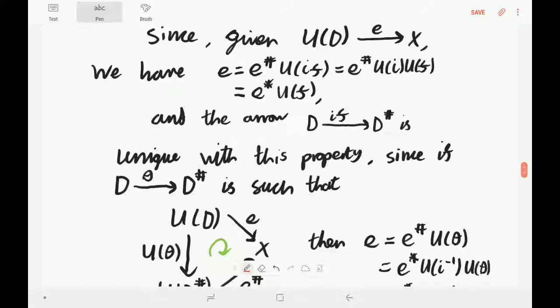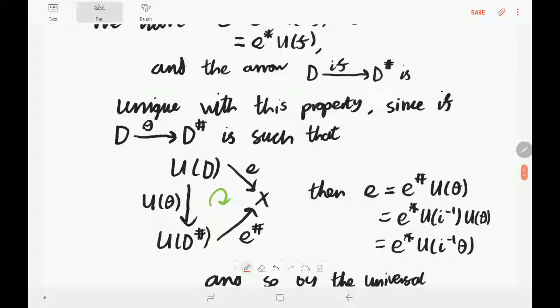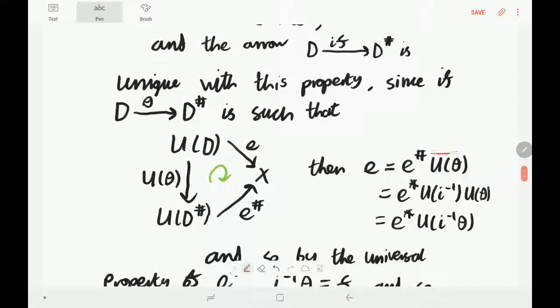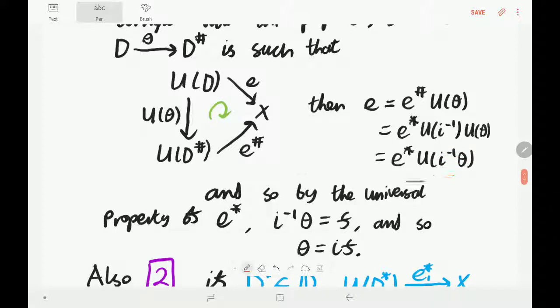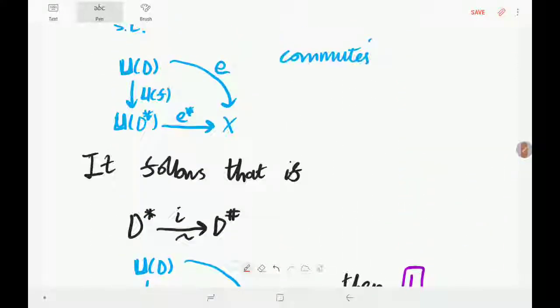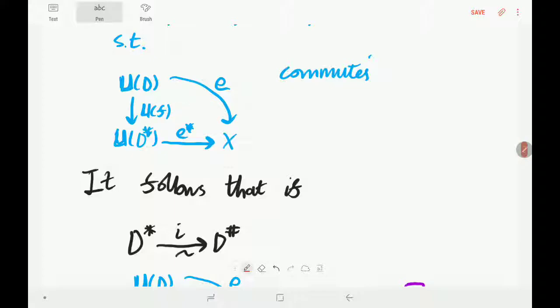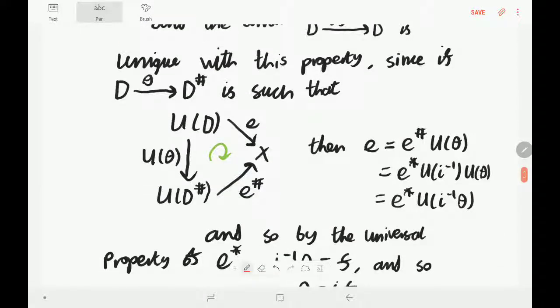But is it unique? Well, it is, because if we assume there's any theta from D to D hash which makes this triangle commute, then E is equal to E hash U of theta, which equals E star U of I inverse U of theta, which equals E star U of I inverse theta. And we know the thing inside the brackets is the unique arrow that makes this commute. So we must have I inverse of theta is f, because we know from this picture that putting f in there works.